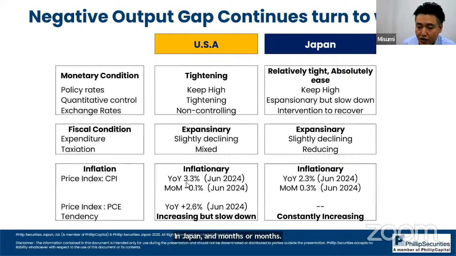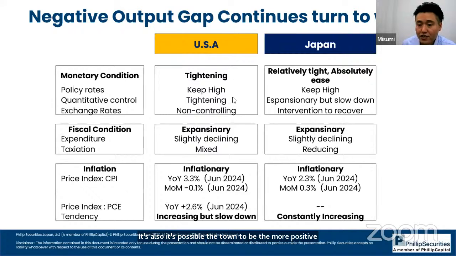In the USA, it's more increasing, with a year-on-year increase of 3.3% and a month-on-month change of negative 0.1%. This shows the USA might be turning to a moderate inflationary phase, but it's possible it may turn to a more positive inflationary condition.